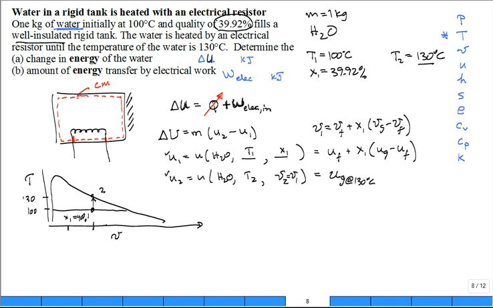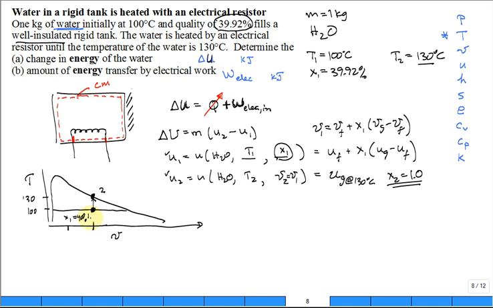Yes, sir. Didn't you use the temperature to quality, the same quality X1? No, because the quality at 2 is 100%. It went from 40% quality to 100% quality. It's now saturated vapor. It went from a point right here to a point right there.